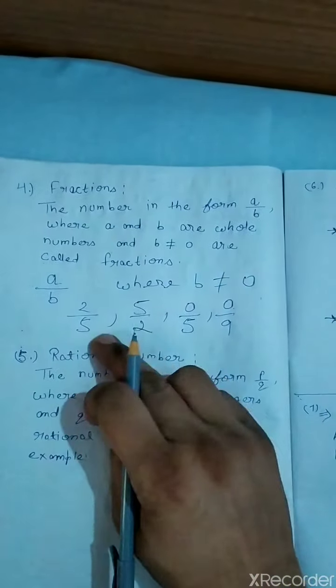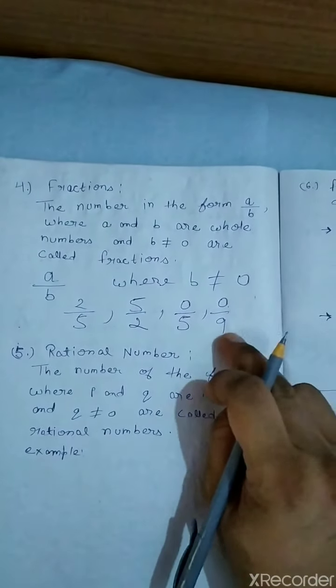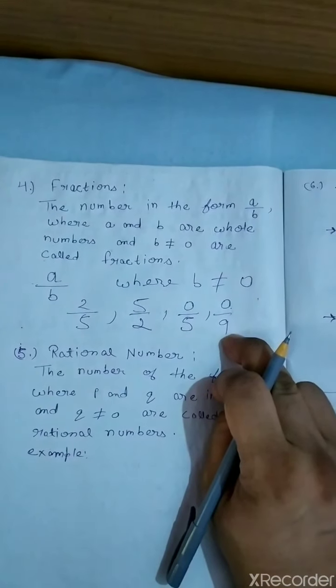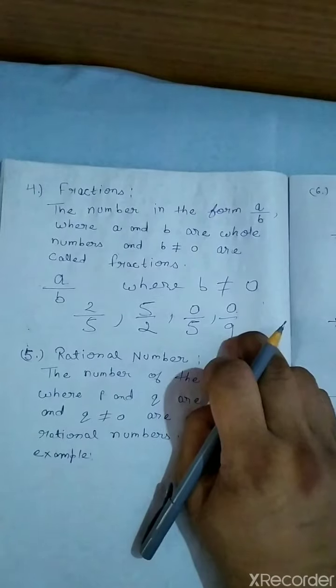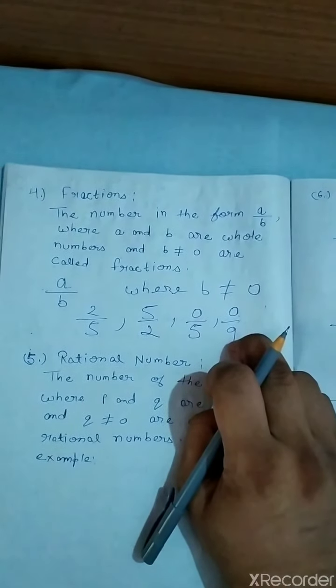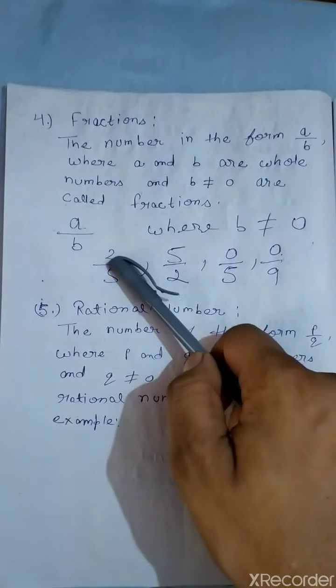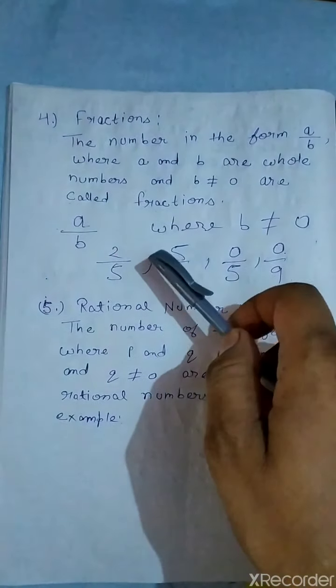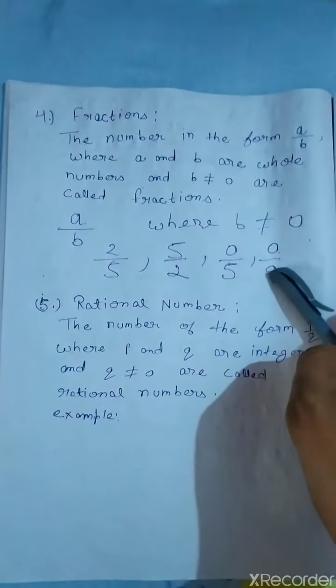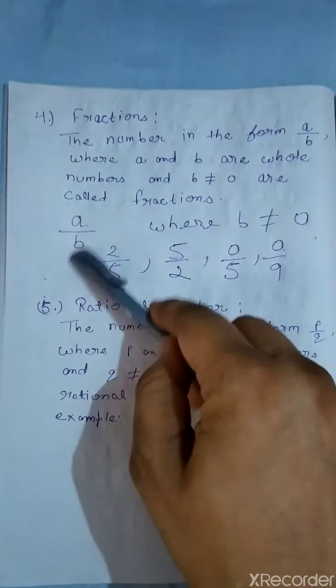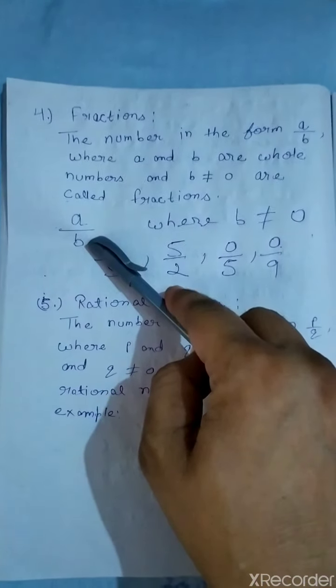The denominator cannot be 0. Such numbers are known as fractions. A fraction is always either positive or 0, because the numerator and denominator are both made up of whole numbers.